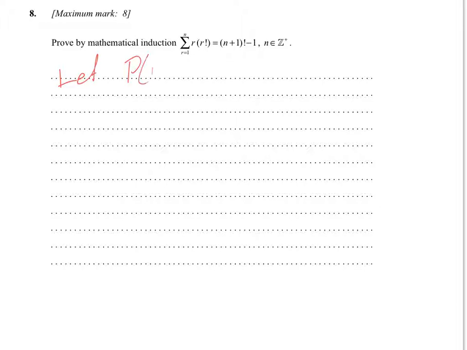Let P of n be the sum from 1 to n of r times r factorial is equal to n plus 1 factorial minus 1. And we're going to do P of 1.